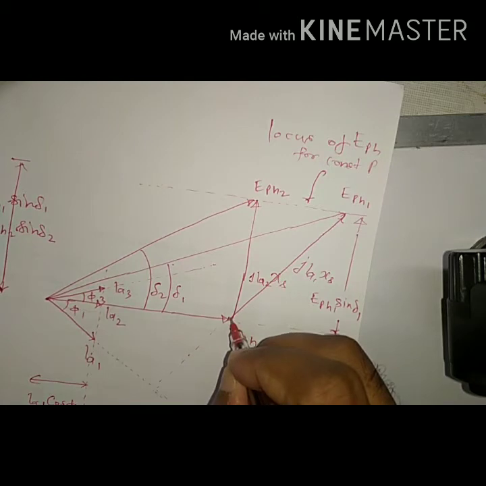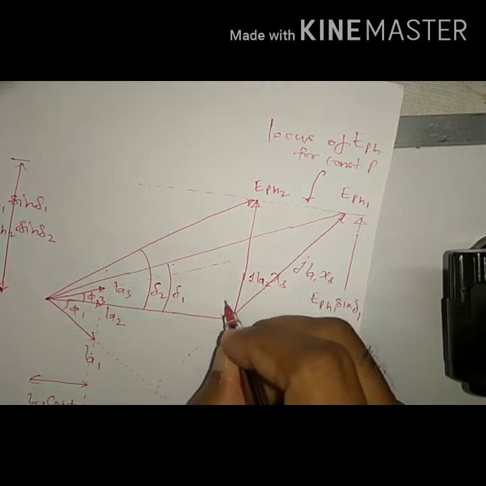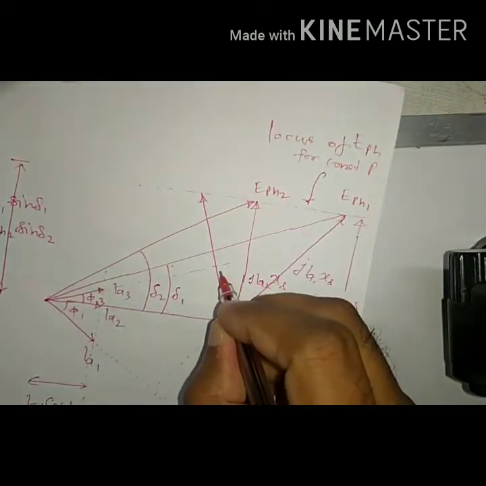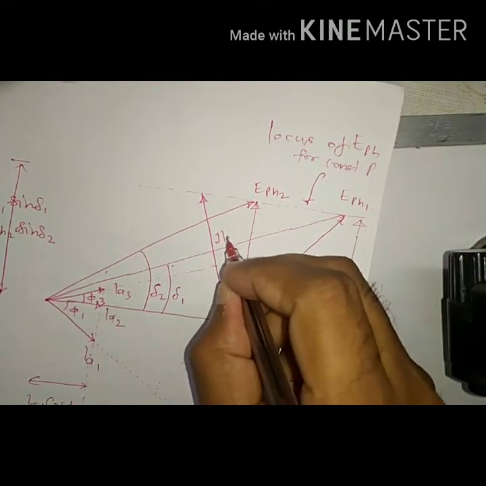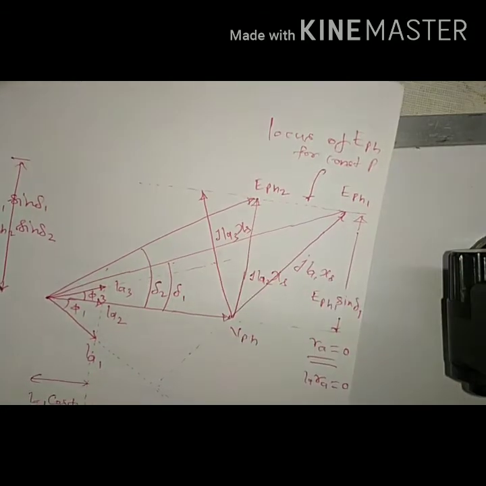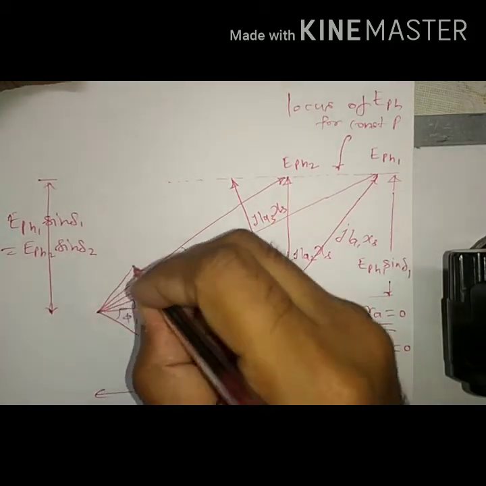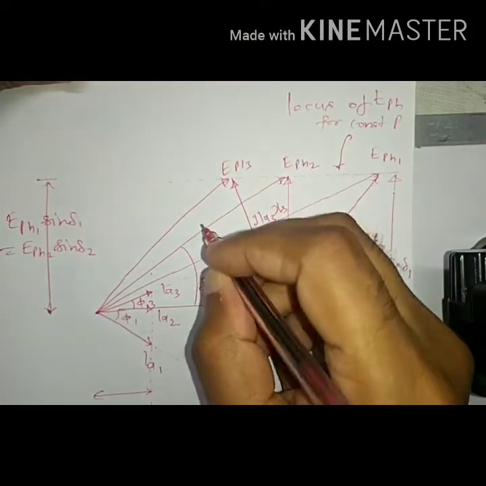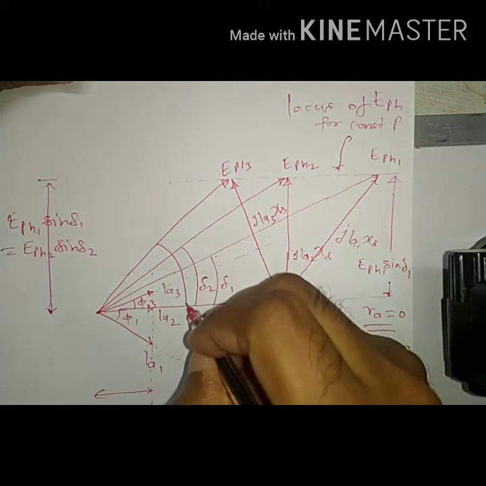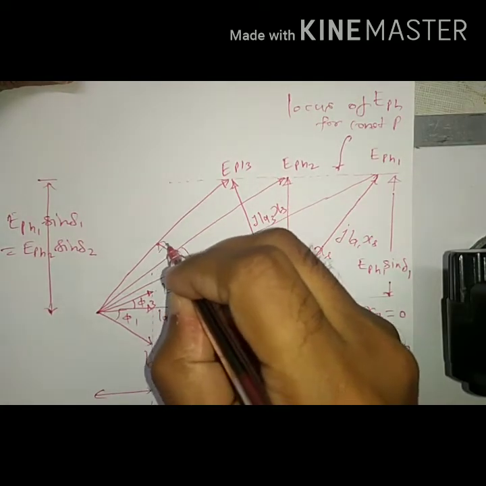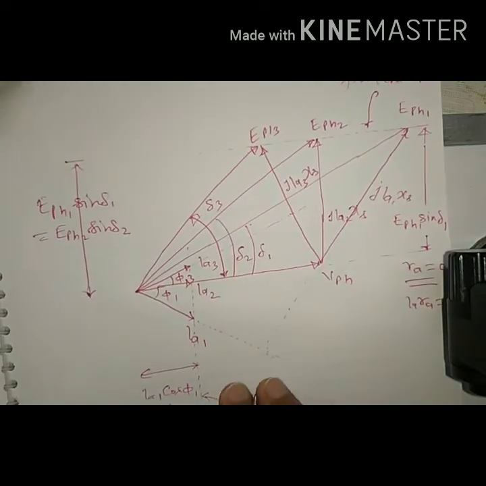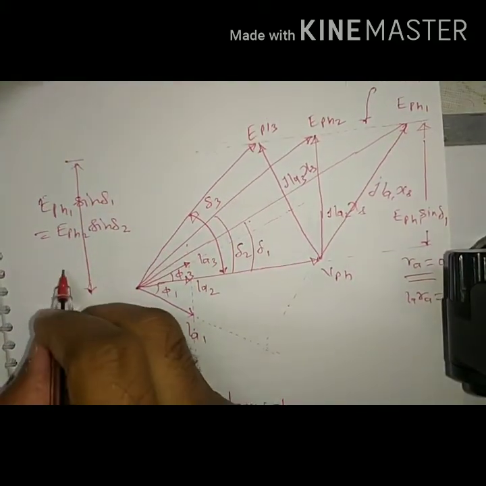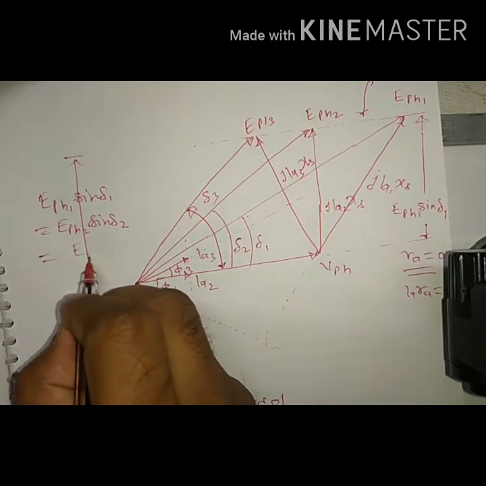So this will be j I_A3 X_S drop, and we will have this as E_PH3, and this angle will be delta 3, and we can say E_PH3 sin delta 3, which is this length, is constant.